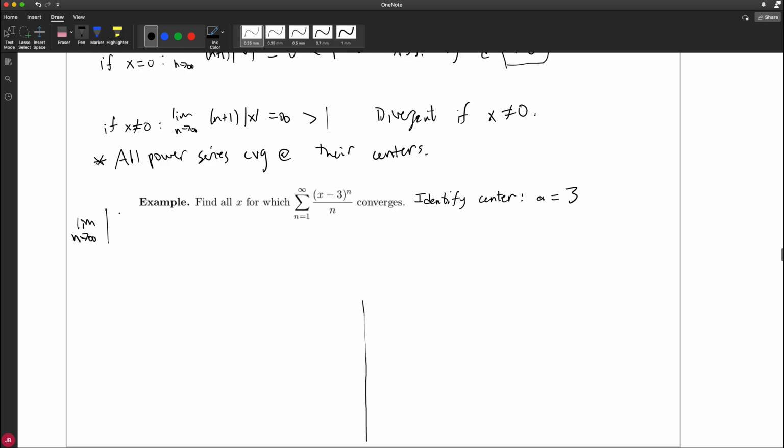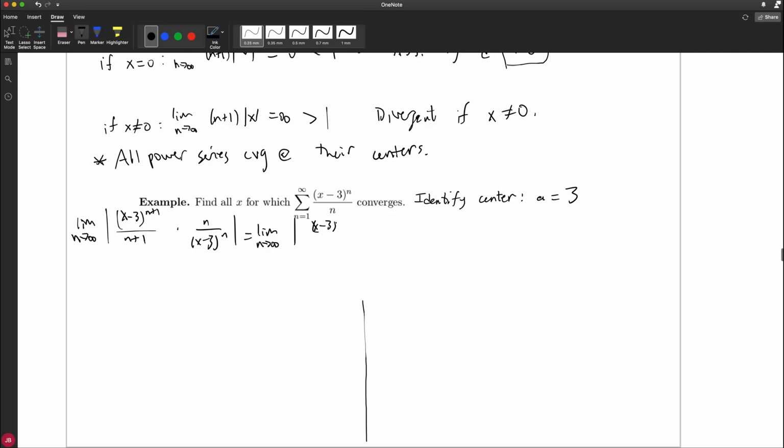And here we're going to do some flipping and multiplying. So we get x minus 3 to the n plus 1 over n plus 1 times n over x minus 3 to the n. I think we're going to stack things that are similar, right?